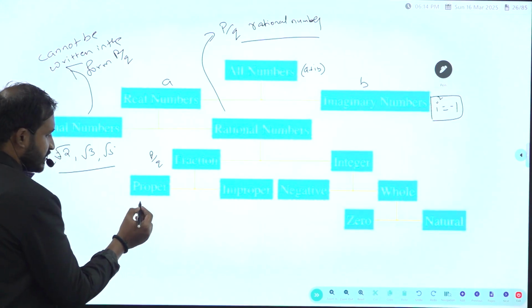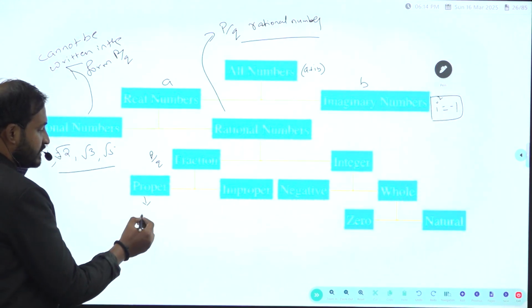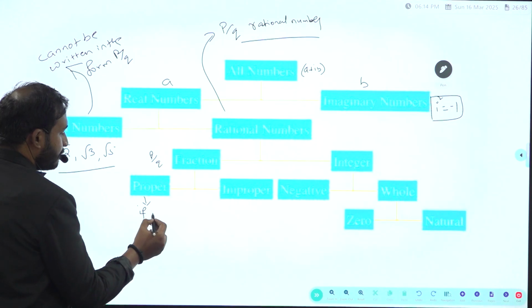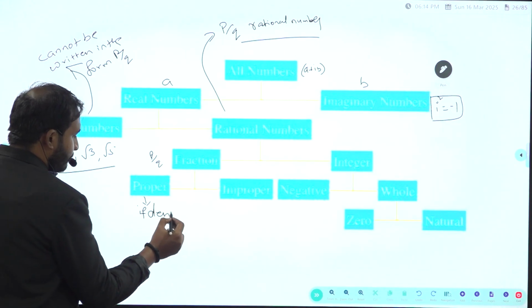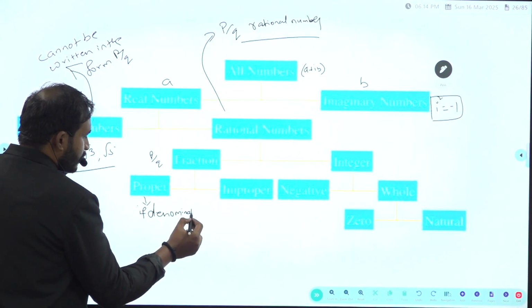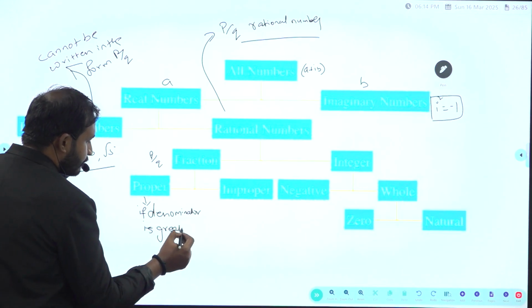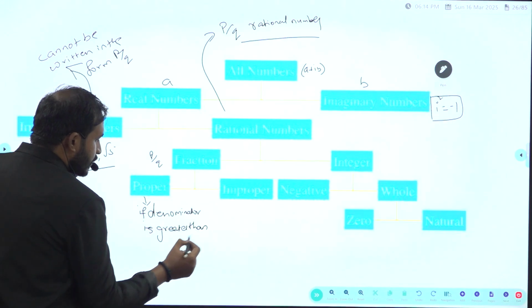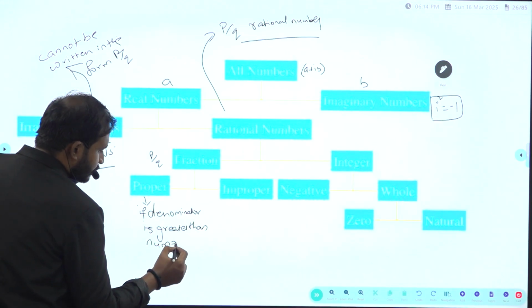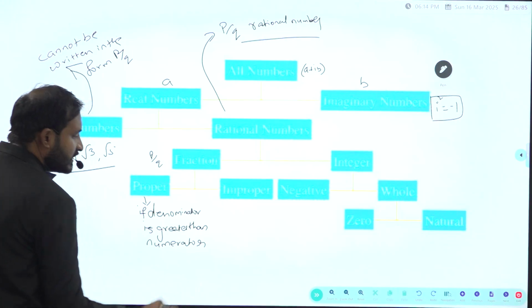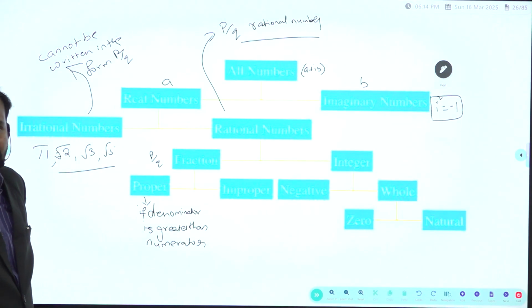What is a proper fraction? Proper fraction means if the denominator is greater than the numerator, then we call it a proper fraction.